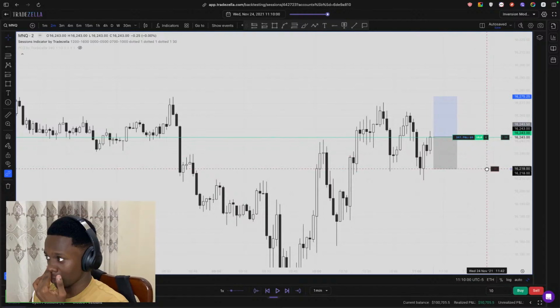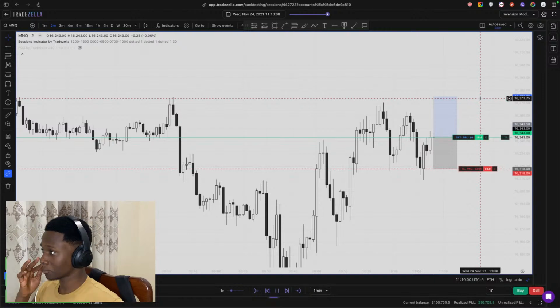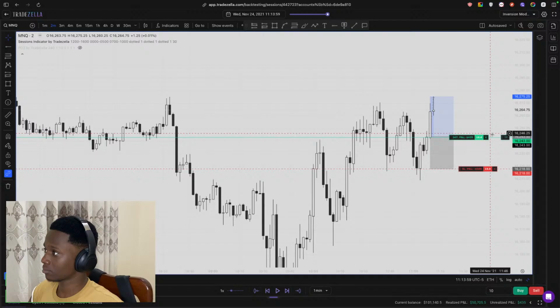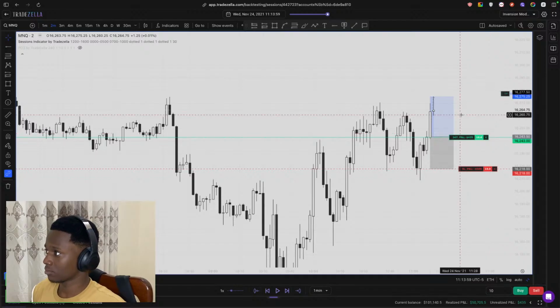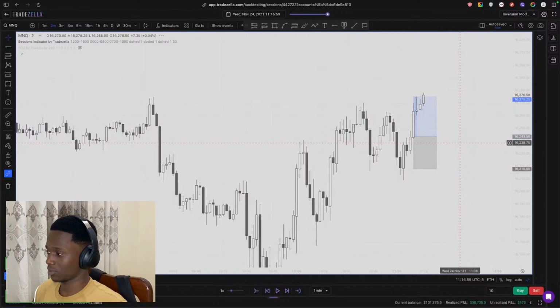So the stop will be at this low, take profit at this high. Okay, one-to-one, beautiful move.